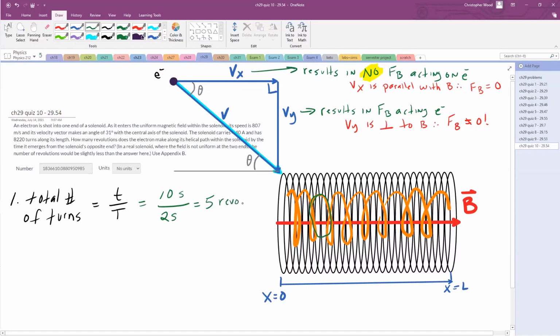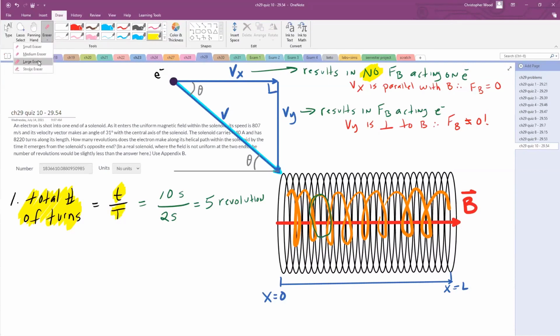Again, using really simple examples, but that's what I do in my head to make sure I'm okay with it: the total number of turns is the total time spent in the solenoid divided by the amount of time needed for one cycle. So that's my way of thinking through step number 1.